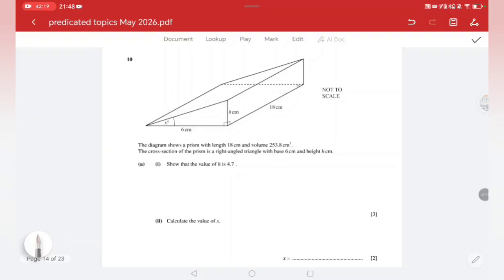Now, a similar topic but a different shape. What if we have this prism, and we need to find this height? Here it's opposite. We have the volume. If you have the volume and the length, the volume is the cross-section area times length, so the area is volume over length.